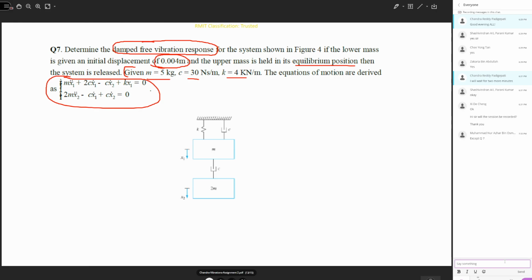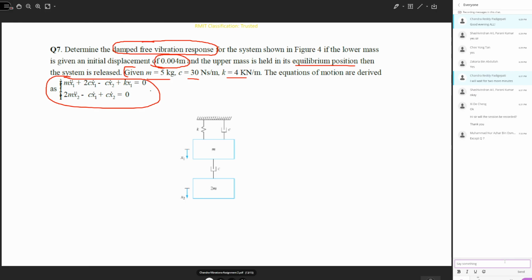So the first equation is m x1 double dot plus 2c x1 dot minus c x2 dot plus k x1 is 0. The second one is 2m x2 double dot, so m is 5 kg, so 2m is 10, minus c x1 dot, minus 30 x1 dot, plus c x2 dot, so plus 30 x2 dot is equal to 0.